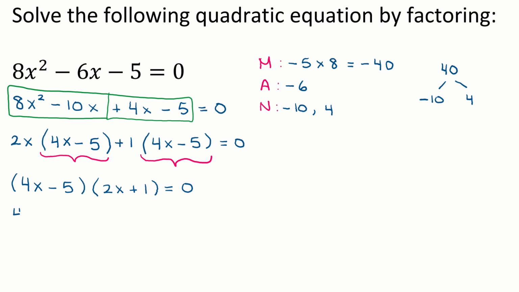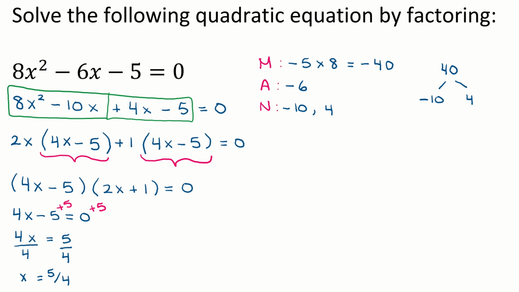So my first one, we have 4x minus 5 is equal to 0. We're going to start by adding 5 to both sides, which makes this 4x is equal to +5. And then divide both sides by 4, which is giving me x is equal to 5/4.